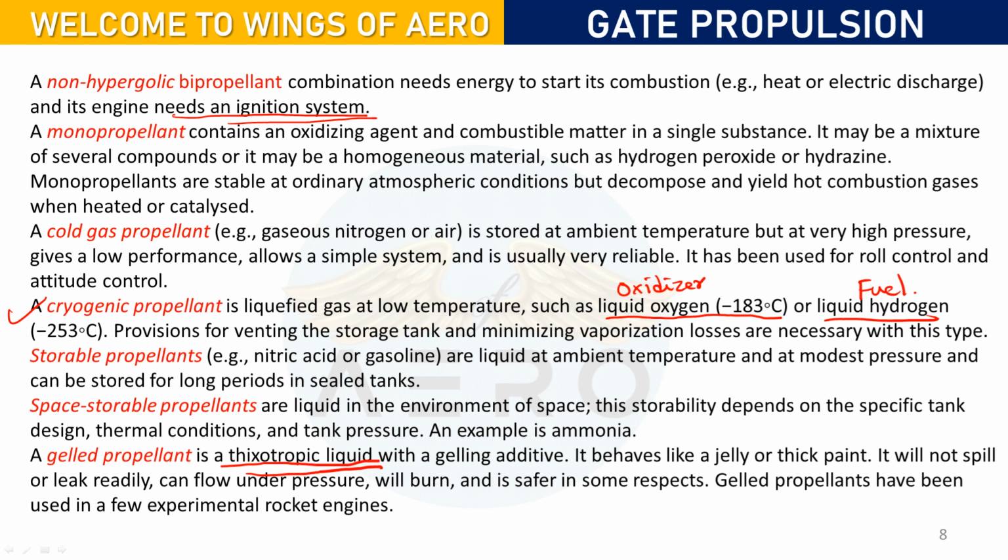Then coal gas propellant, which is usually stored at ambient temperature but at very high speed gives a low performance, so we need the system to be controlled very carefully.